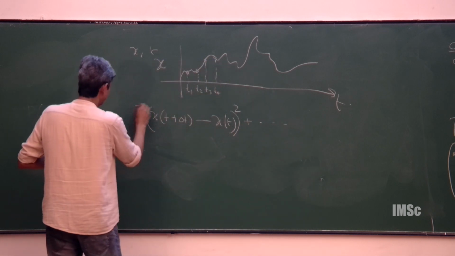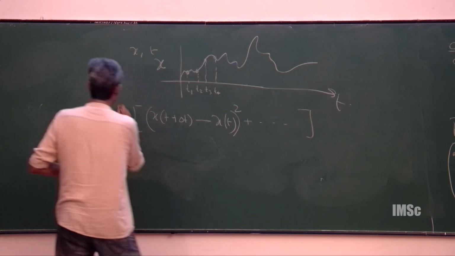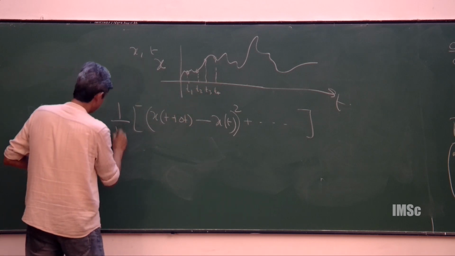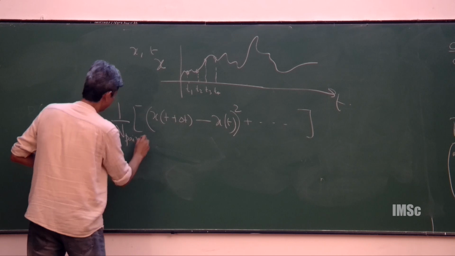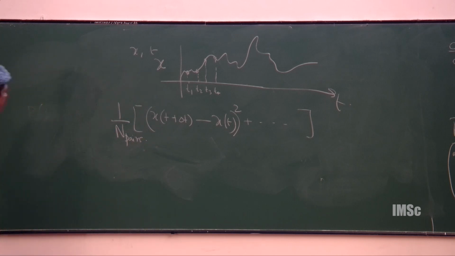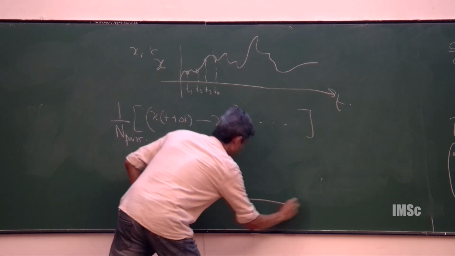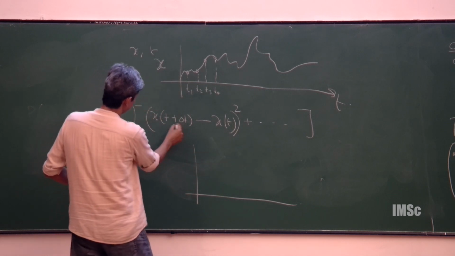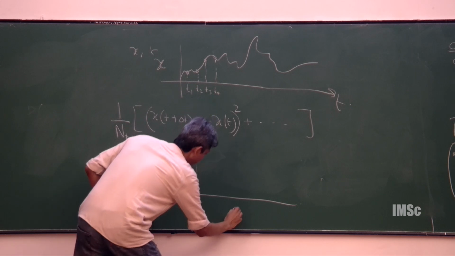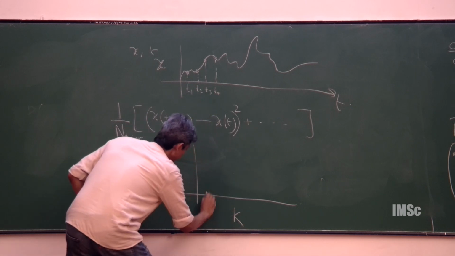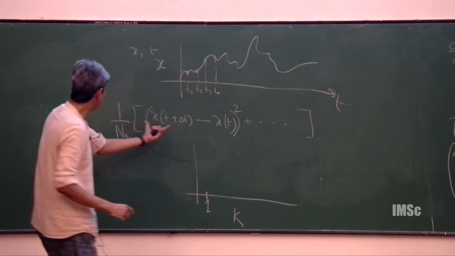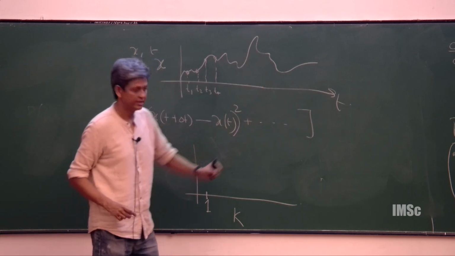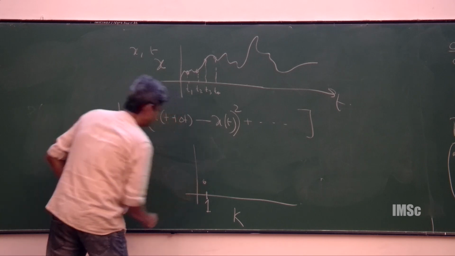And then you divide it by the number of pairs. And here you plot, so your gap was 1. So I put an index which is k for gap 1. I got a single number by summing the square of all these differences, and I put it here.